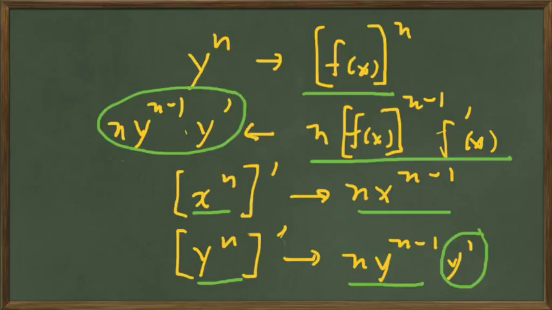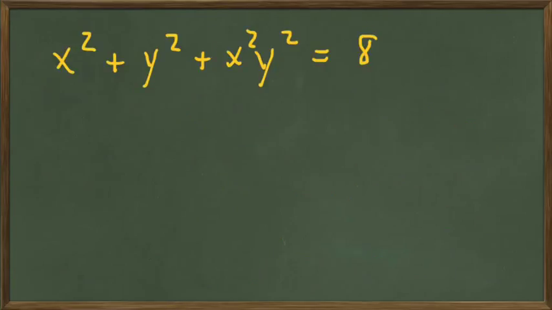So let's apply this to a little bit more complex implicit function than the first one. Let's first notice that for this function we could not solve it for y if we wanted to. While we can factor a y squared out of these two terms, that doesn't allow us to solve it for y because we have a y term over here and we're not able to isolate the y.